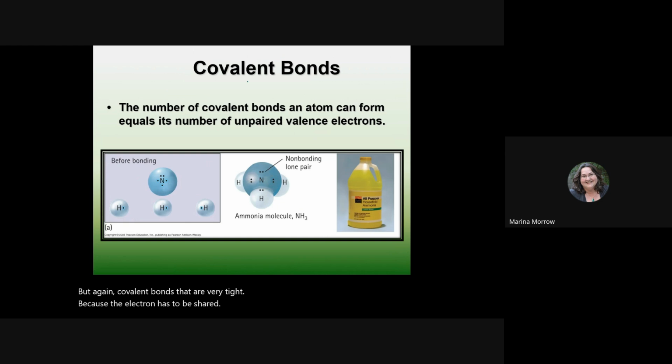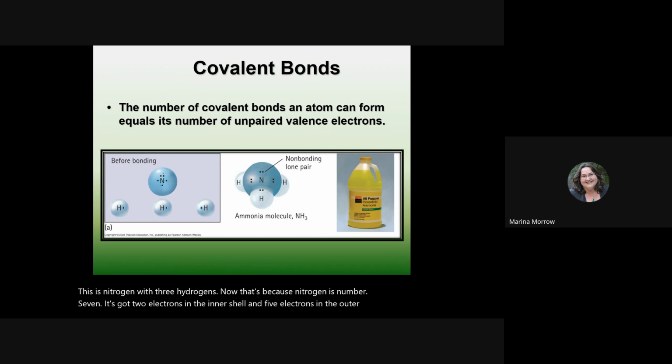Okay, here's another common covalent material. This is ammonia, household ammonia. This is nitrogen with 3 hydrogens. Now that's because nitrogen is number 7. It's got 2 electrons in the inner shell and 5 electrons in the outer shell.